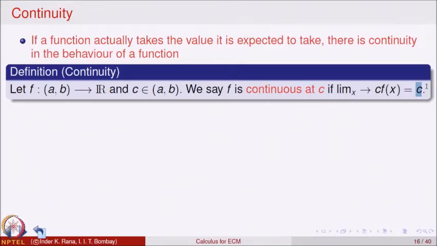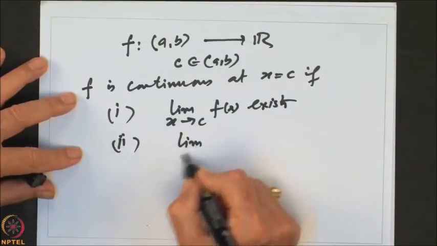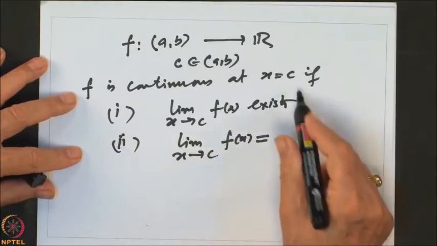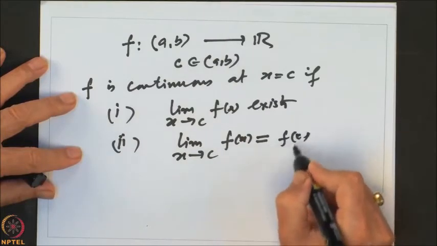at x is equal to c if, one, the limit as x goes to c of f of x exists, and second, this limit should be equal to the value, that is f of c.